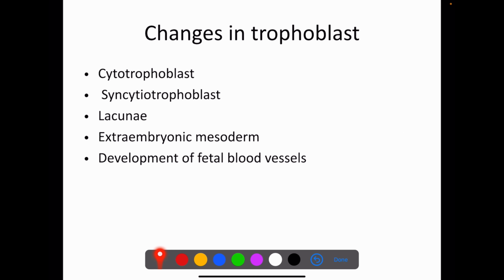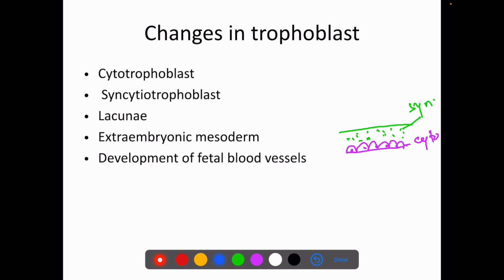Okay, now what are the changes seen in the trophoblast? We already have seen the trophoblast, it is having a cellular layer initially. This is cytotrophoblast. The cytotrophoblast in the upper aspect will lose its boundary and the cells will form syncytium to form syncytiotrophoblast.